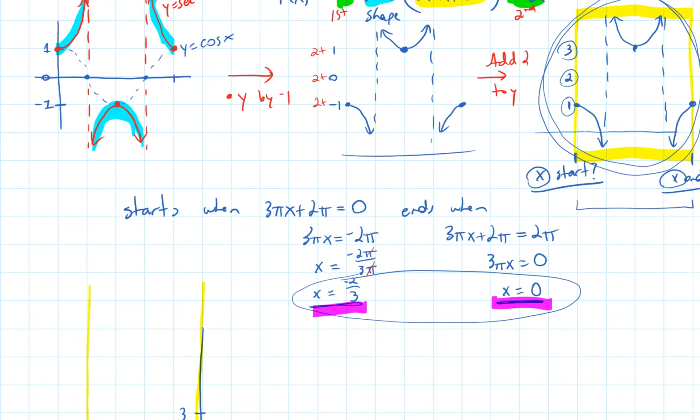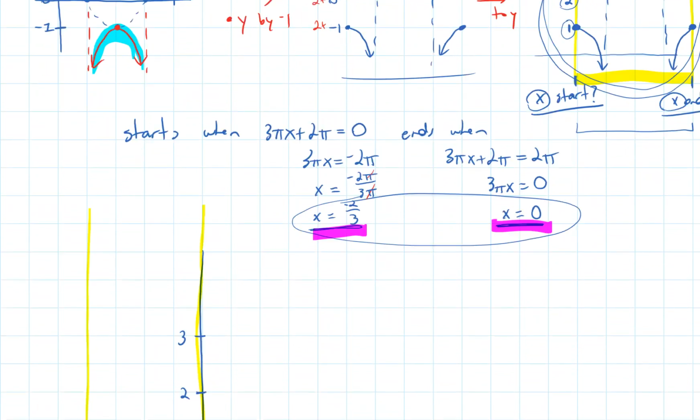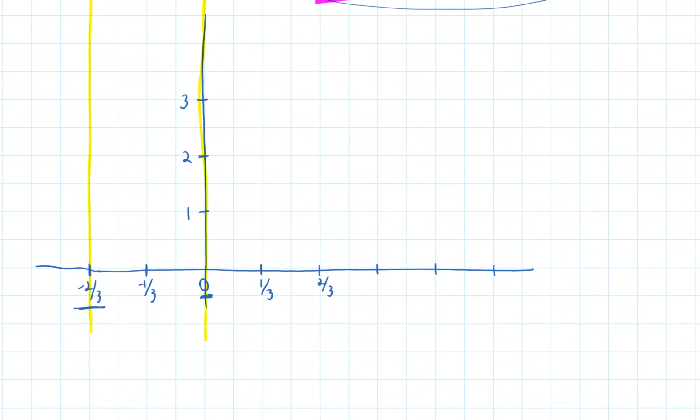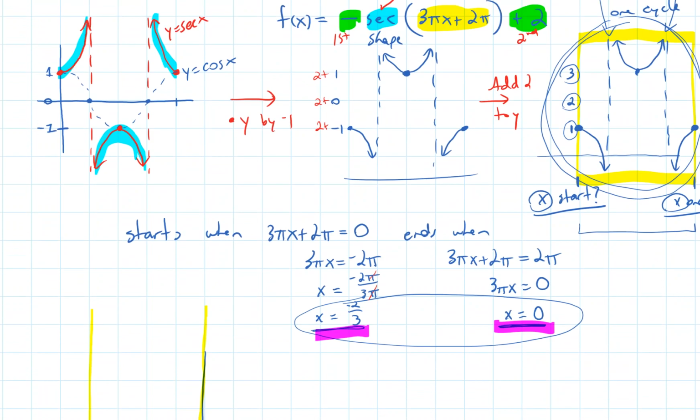What's the pattern for this graph? Well, inside the yellow box up here, the graph begins and ends at 1, and in the middle is at 3. So the beginning is on the yellow line. It begins at y equals 1, ends at y equals 1, and in the middle is up here at 3. Okay? Then, at the quarters, I have asymptotes.